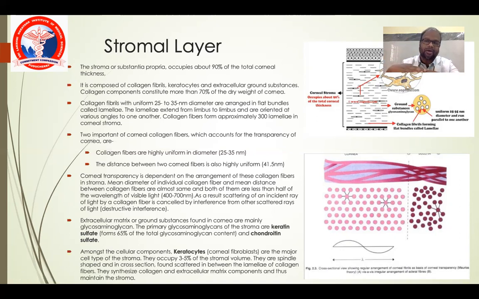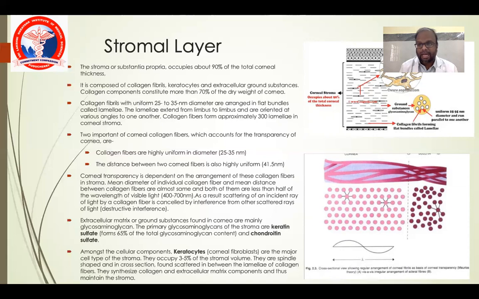This stacking is called lamellae. These lamellae extend from limbus to limbus. They are not interrupted in between. So when a lamella starts from one limbus, it goes and ends in the other limbus, and they are oriented at various angles to each other. These collagen fibers form approximately 300 lamellae. That is, the stroma has almost 300 lamellae in the corneal stroma.